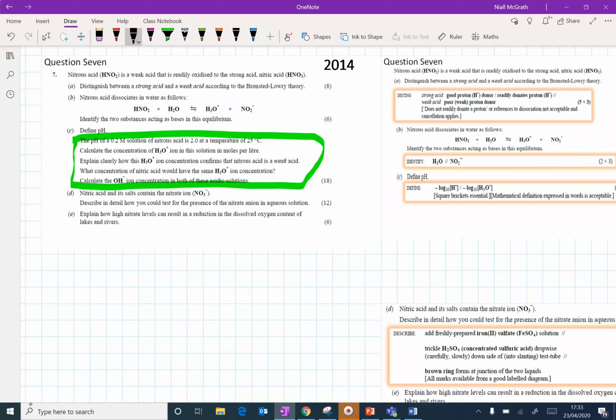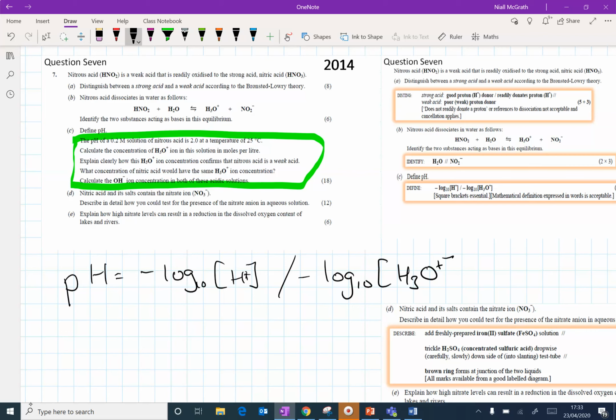From our definition, pH is equal to minus log 10 of H plus. Both saying the same thing.